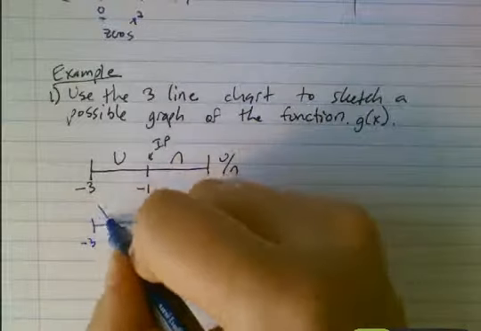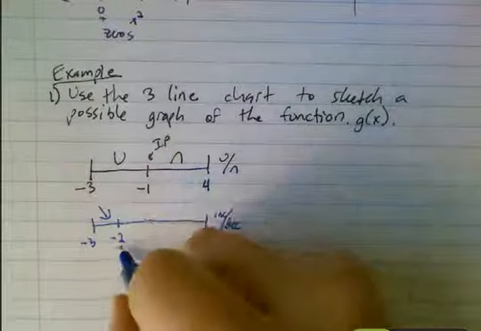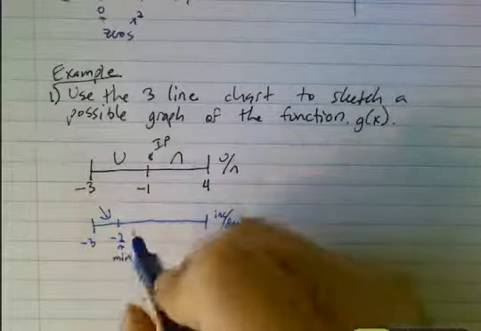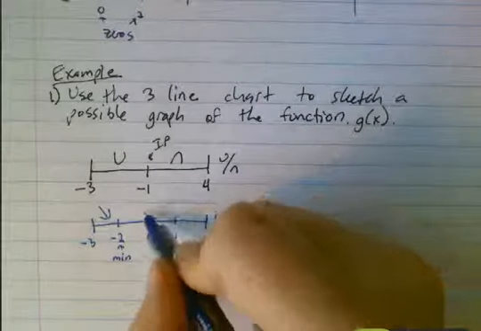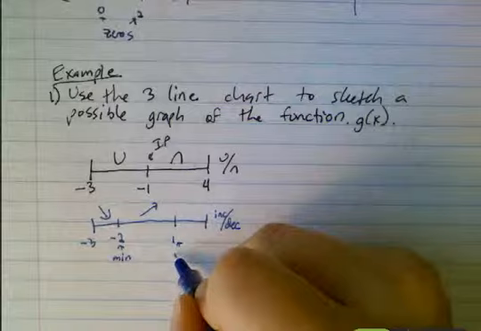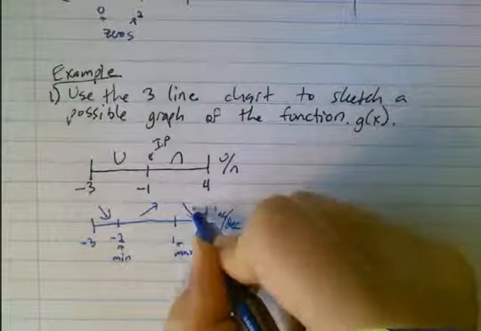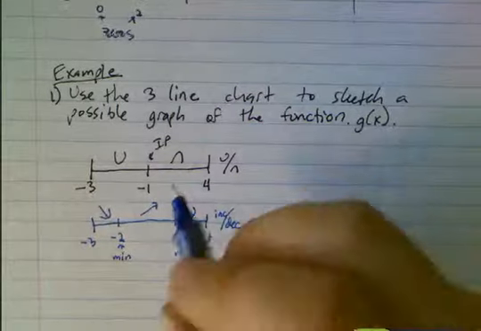From -3 to -2, the function is decreasing. Then there's a little minimum. Then it's increasing until 1. There's a maximum. And it's decreasing again until 4.